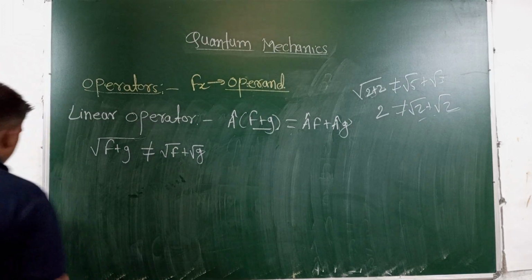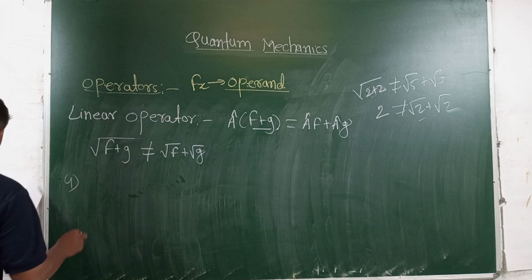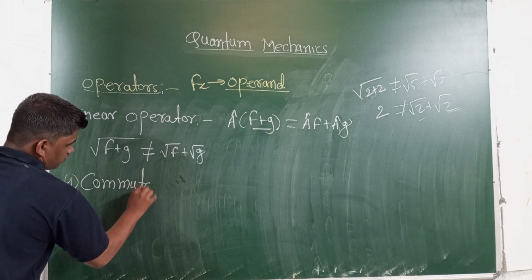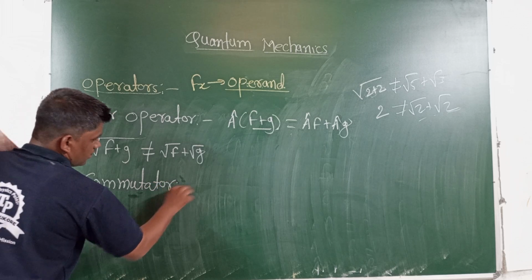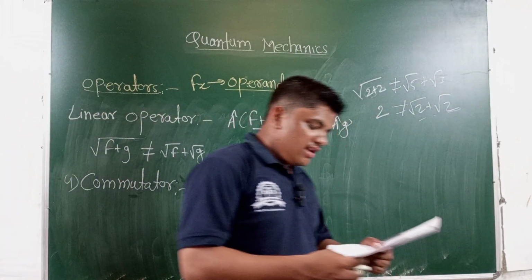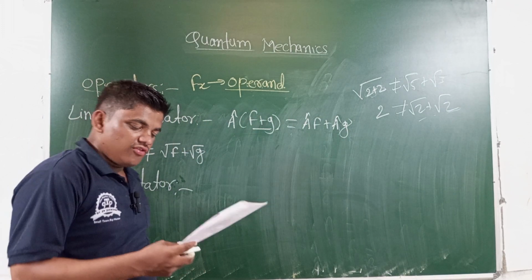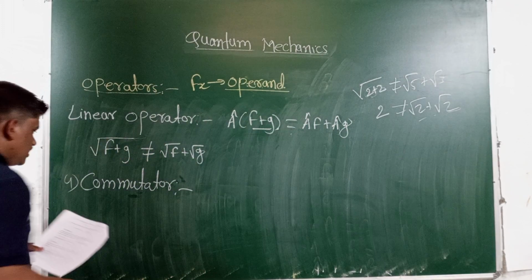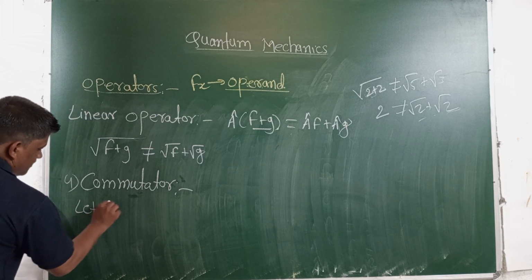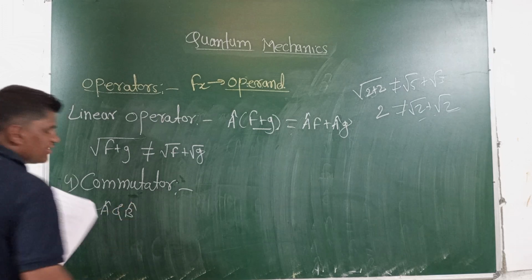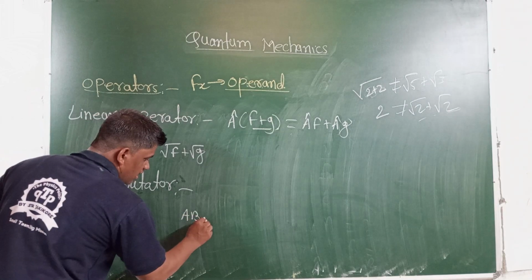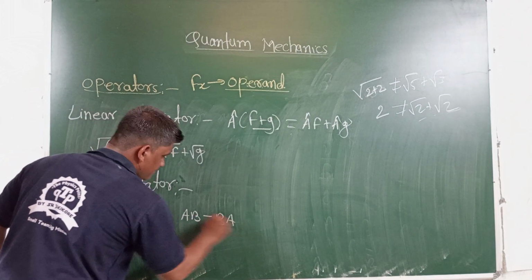Then the fourth type of operator is commutators. Using any two operators, A cap and B cap, which are two different operators, we get AB minus BA.